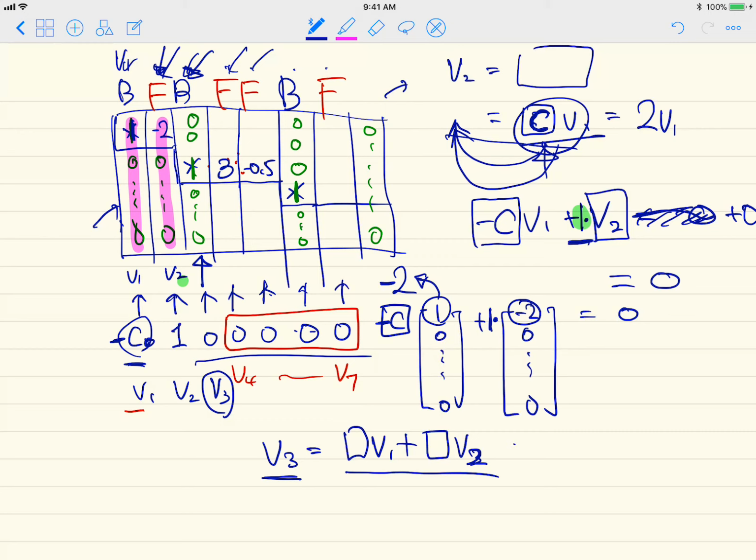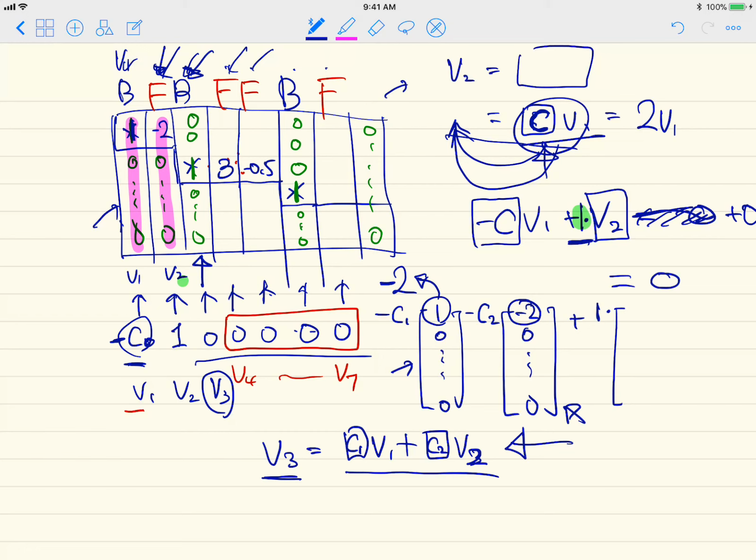Okay, and why is it not possible? Let's try to understand it. The first vector was this guy, and the second vector is this guy, which belongs to the span of the first vector. Now let's call these C1 and C2, so this will be negative C1 and minus C2, and here 1 times V3.